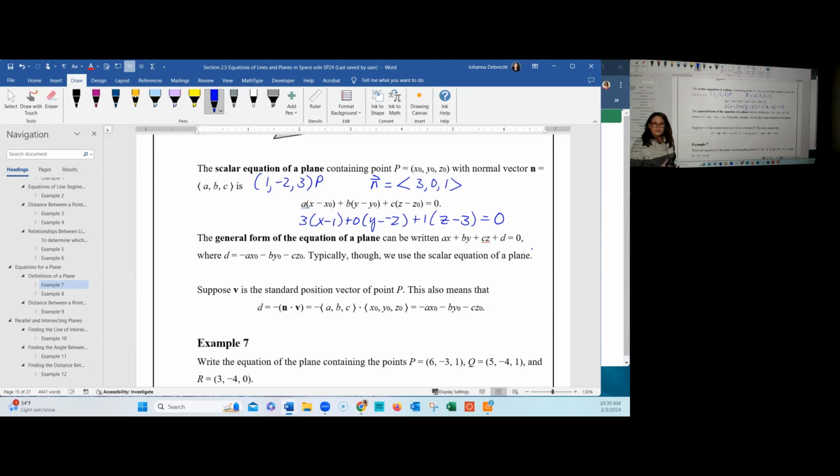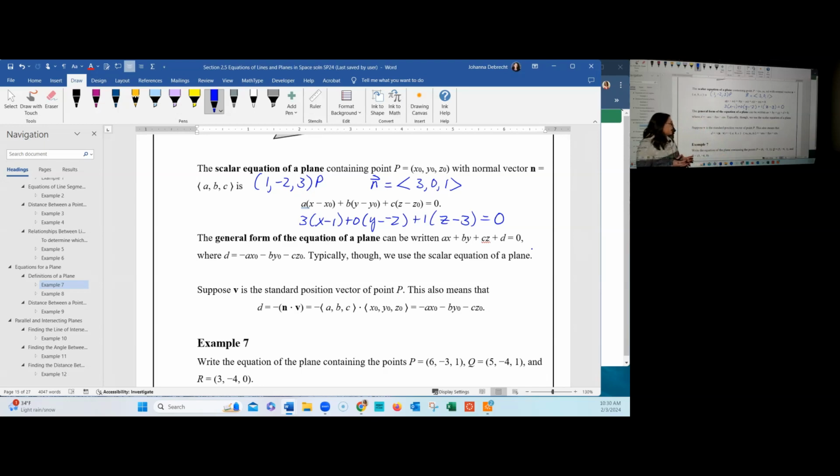Now, the general form would be if you multiplied everything out and had 0 on the other side. But if you do that, you're going to get a lot of different terms. Only 3 of the terms will have the variable in it, x, y, or z, and we can lump everything else together and call it d, if you will, where d is -ax naught minus by naught minus cz naught. In other words, that would include our -3, that would go to 0, and a -3 here, and that would become our d.